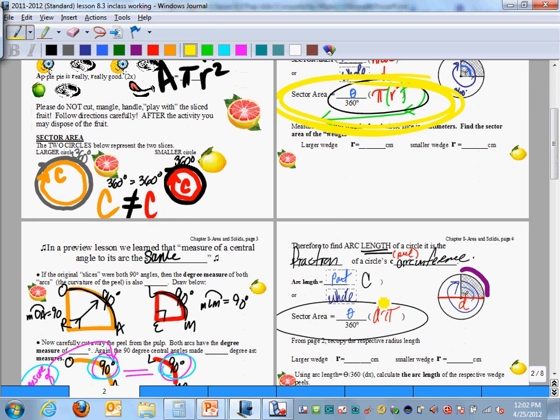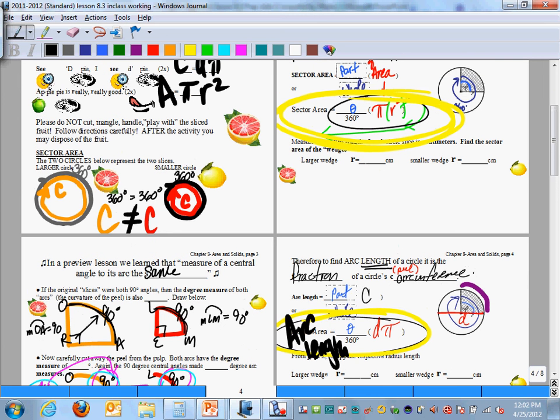On page 4, this should read arc length. That's actually a typo. You need to fix it. Ready? Quiz each other. You have a minute to memorize those two equations. Go. Sector area, arc length.